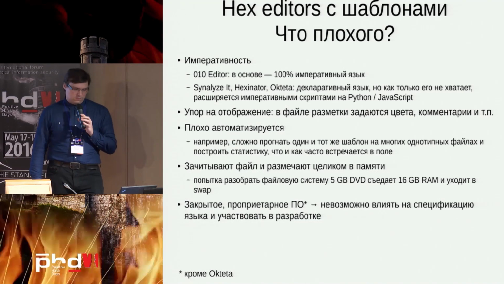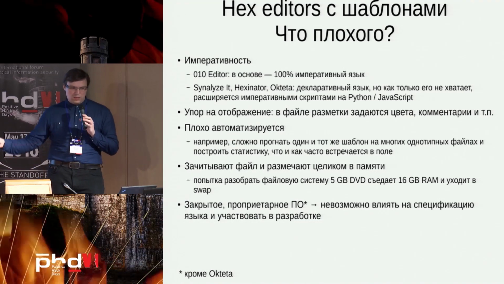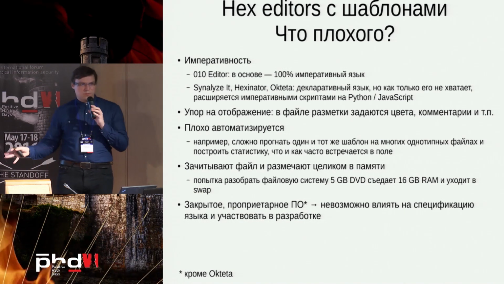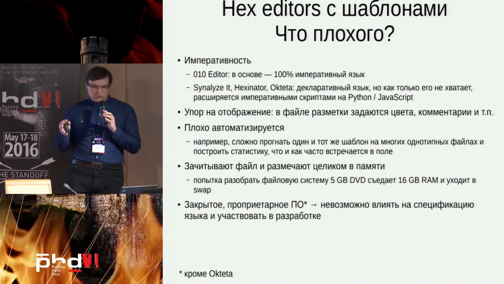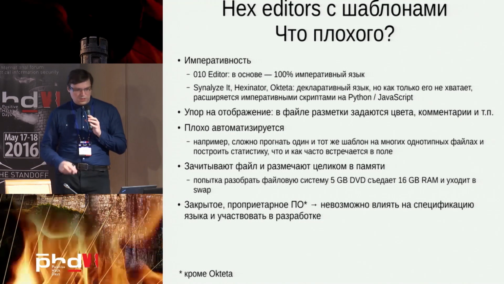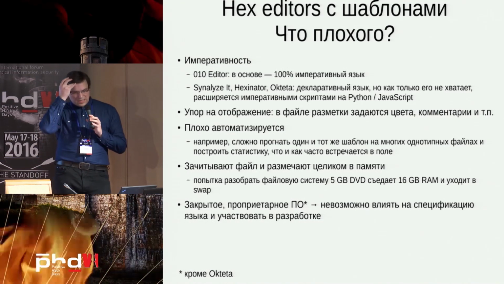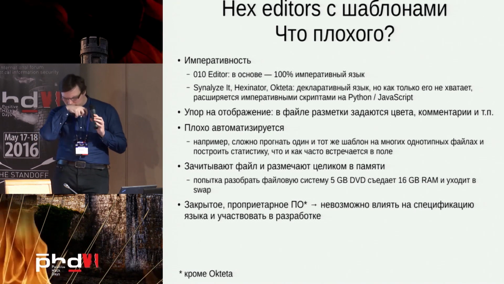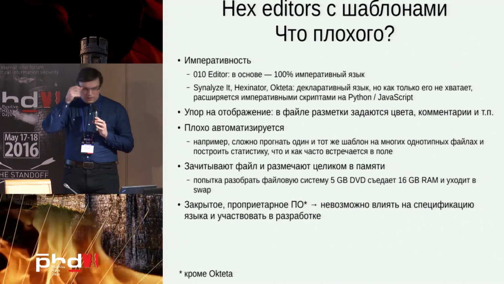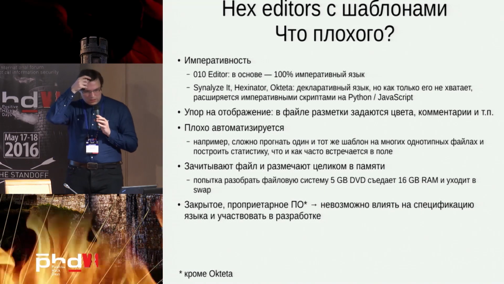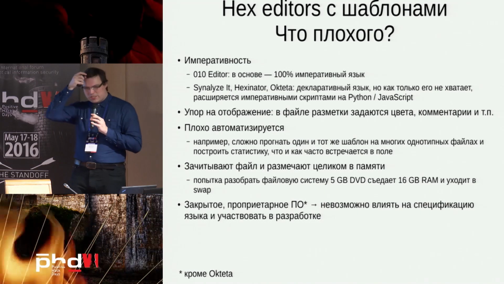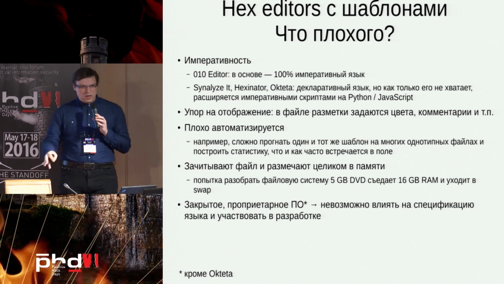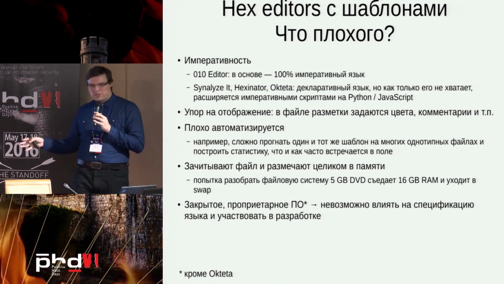The first and most important thing is the imperative character. For 101, it's 100% imperative. It's a C-like language, as we've just seen. For most others, there are attempts to implement a declarative language, but once it lacks in functionality, developers solve the problem in a very simple way.